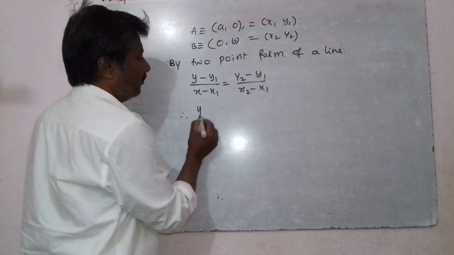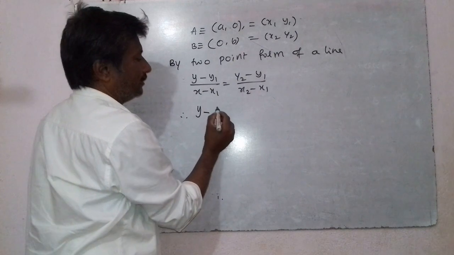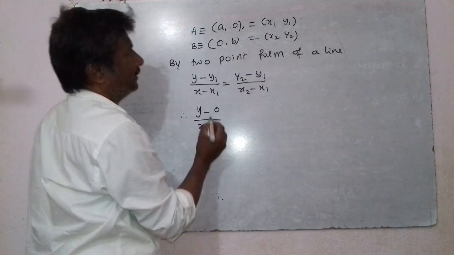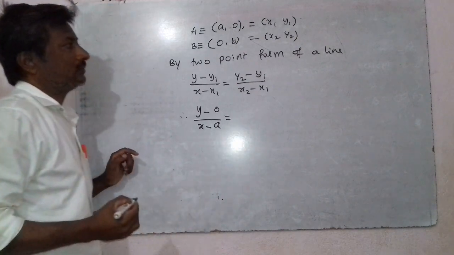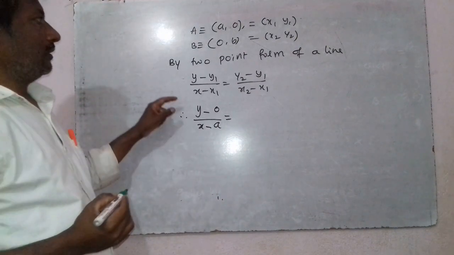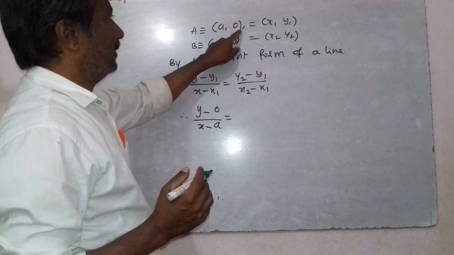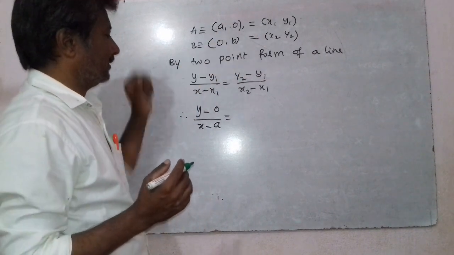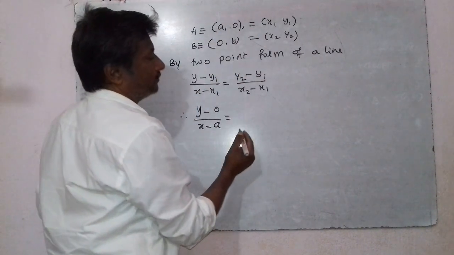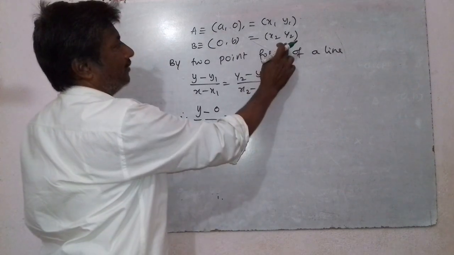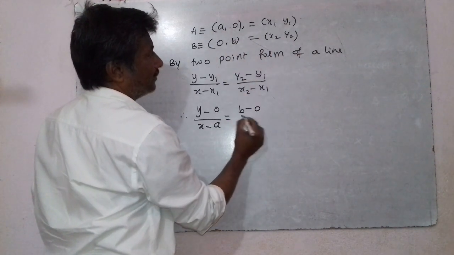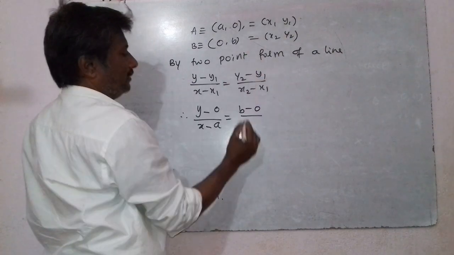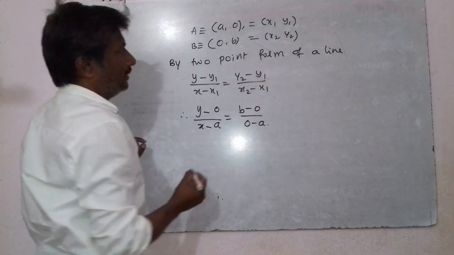Therefore y minus 0 upon x minus a equals b minus 0 upon 0 minus a.